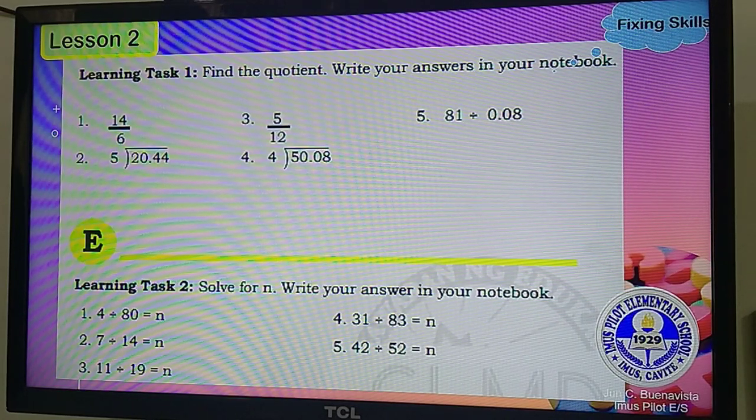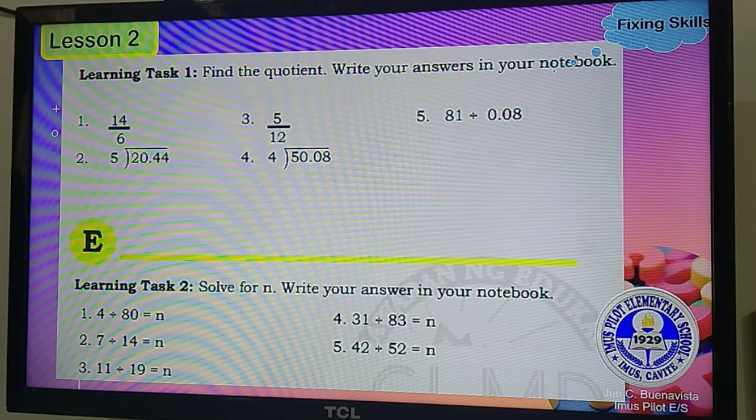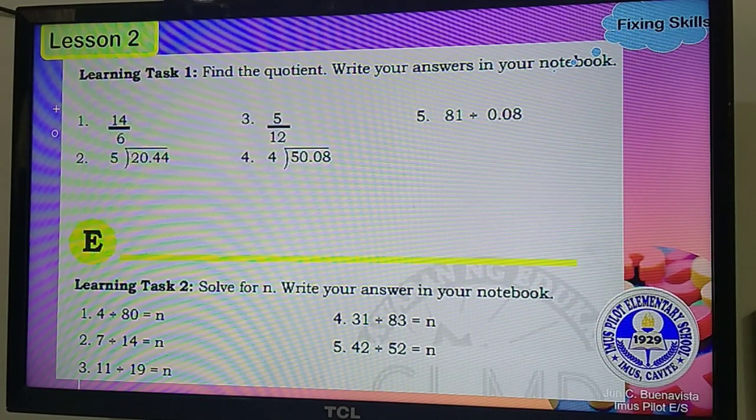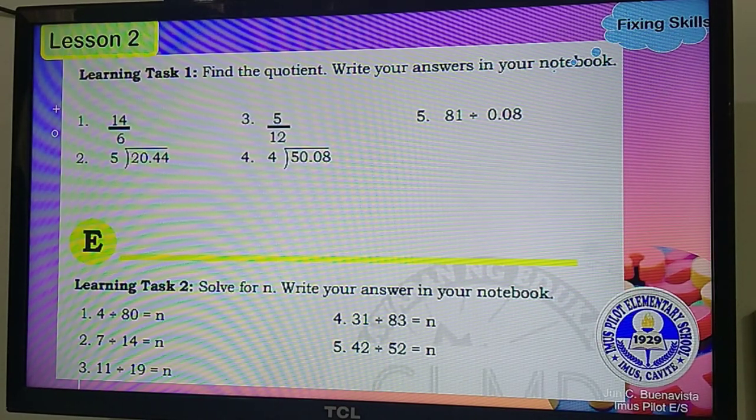Now, learning task number 2, solve for n. Write your answers in your notebook. Ayan. So, we have, in learning task 1, so sa number 2 and the number 4, that is, dividing decimal by a whole number.